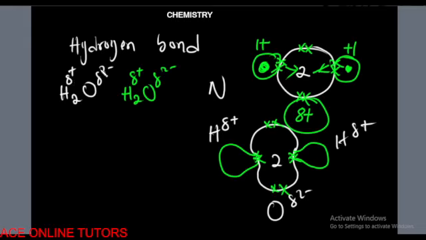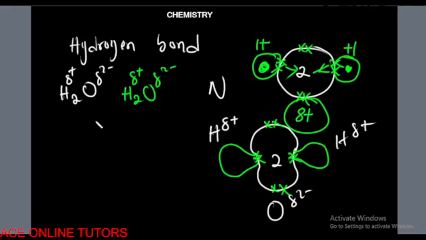So there's going to be a kind of intermolecular force of attraction between this water molecule and this water molecule. This one is not within the molecule itself; it is outside of the molecule, between these two molecules, so they feel attracted towards themselves.